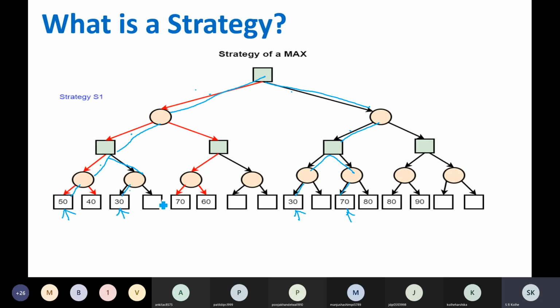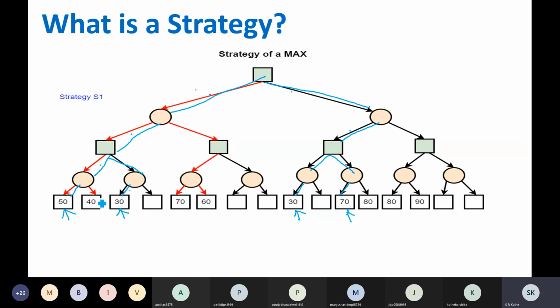Instead of this 70, 80 can be selected. The only requirement is you have to find out any set of nodes which will cover all strategies. That's all. One possibility is this 50, 30, 30 and 70.